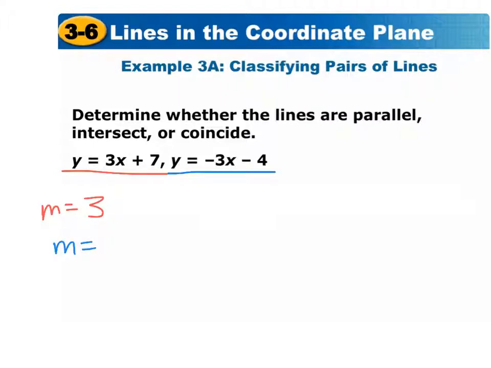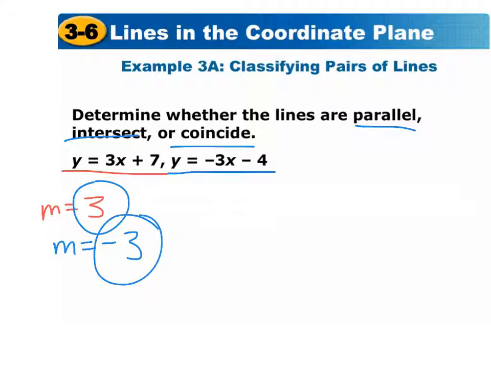Negative 3. So the slope of the second line is -3. Are these two the same slopes? No. So would these lines be parallel, intersect, or coincide? Go back to the page before. What does it say about two lines that have different slopes? They intersect. Good job, Ton.